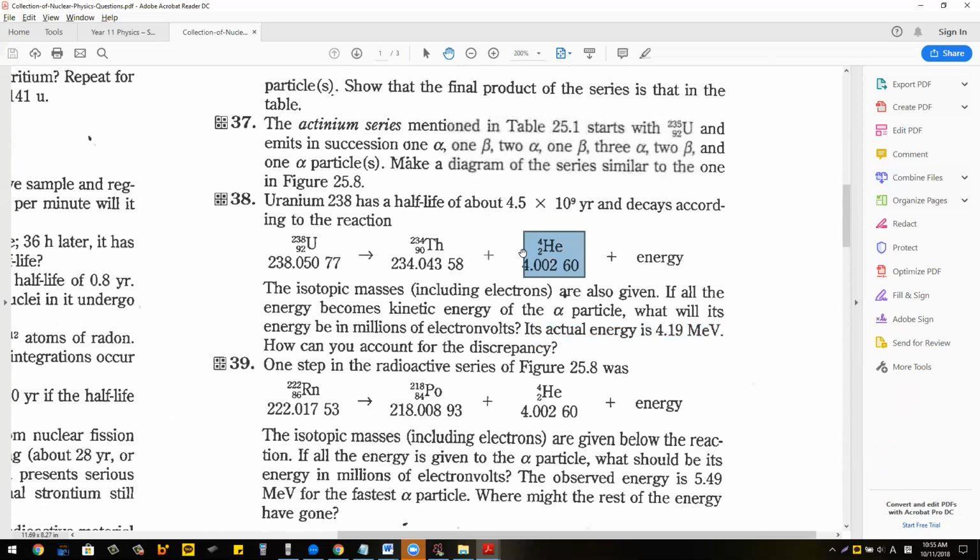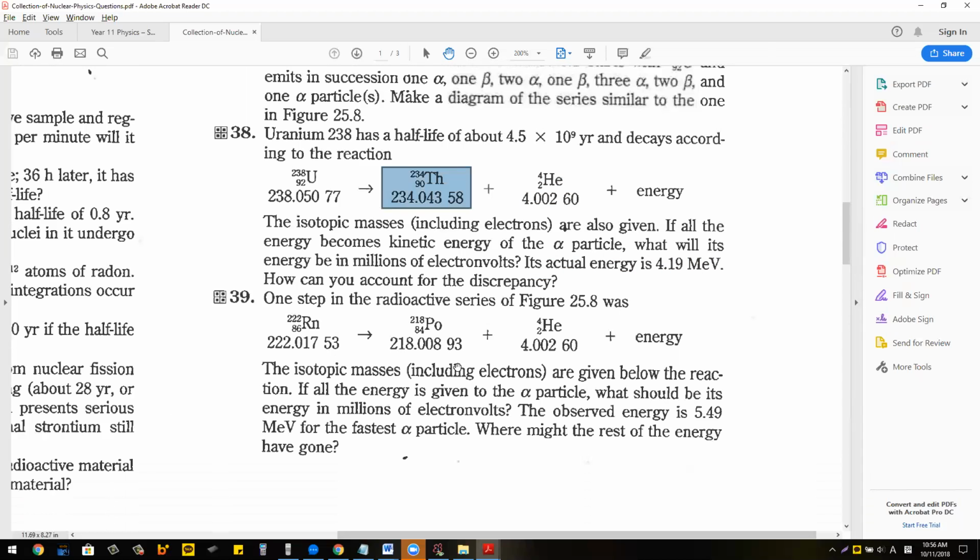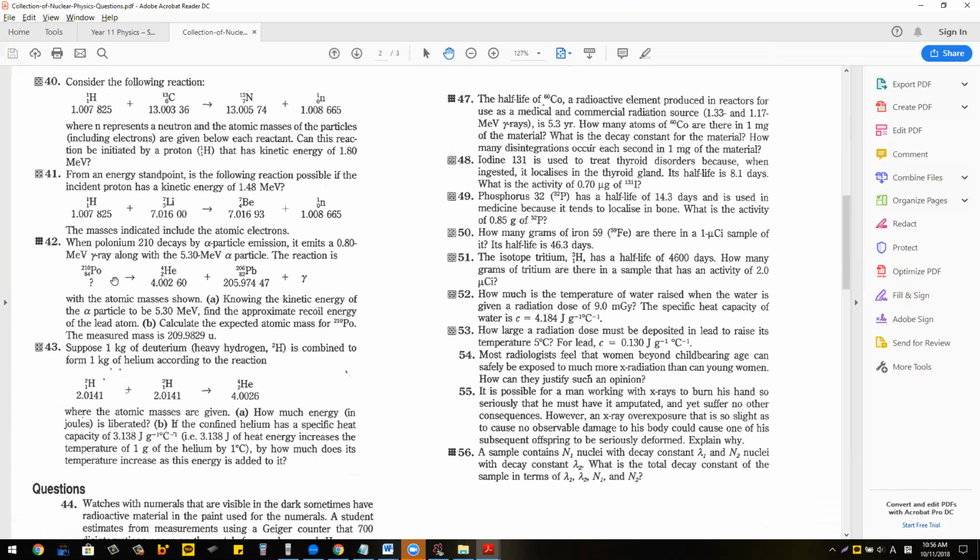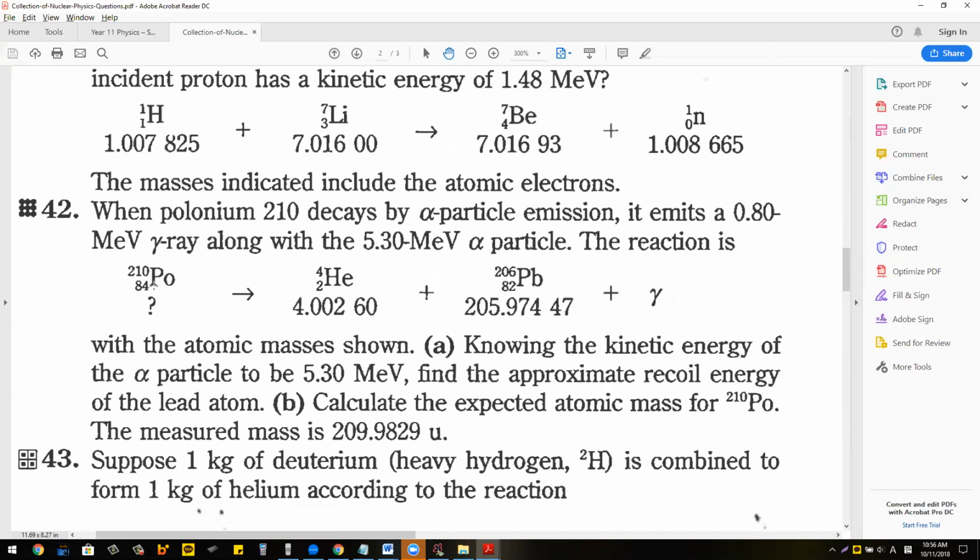When these two break, have a look at my hands, okay? It'll be like this. You understand? So the thorium has to take a little bit of energy as well. Oh, okay. Yeah, 43, it's fine.